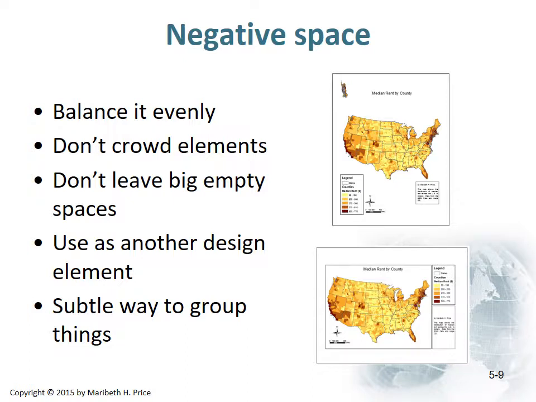But overall, we've achieved a balance between all of the different things we're trying to depict, and then the white space that just doesn't receive anything else. Okay. So hopefully that makes some sense.